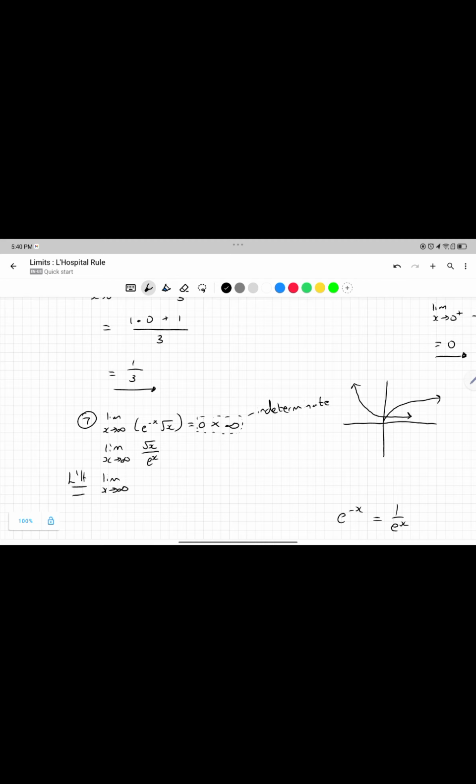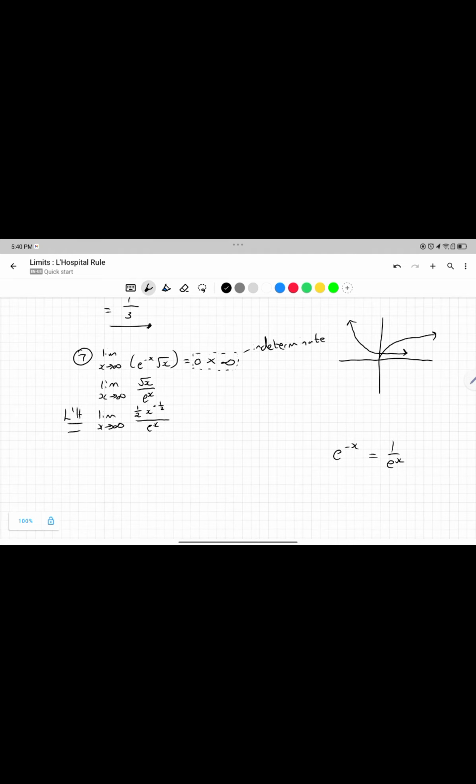Okay, sure. Now we are going to differentiate root x, which is 1 over 2 x to the exponent of negative 1 over 2. Right? And then e to the x is just e to the x times 1, which is just e to the x. Right, so to make this look a bit prettier, what we have is 1 all over 2 root x times e to the x.